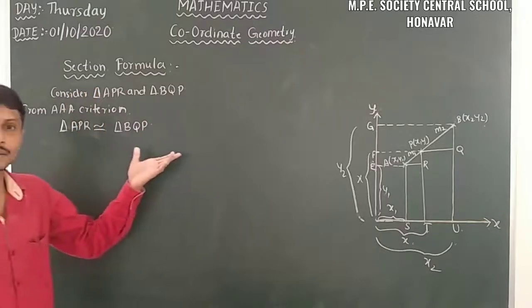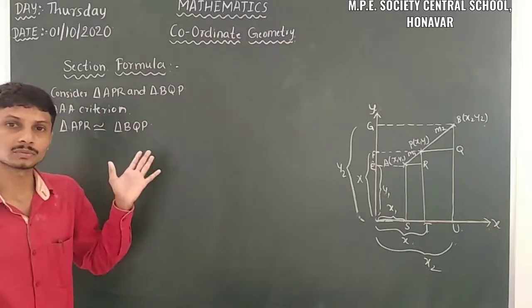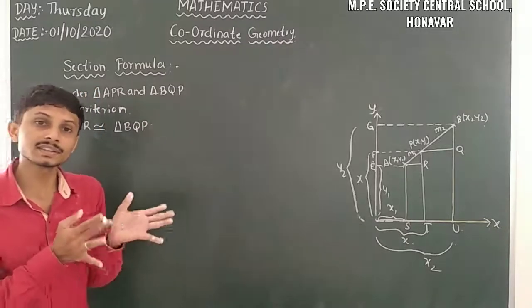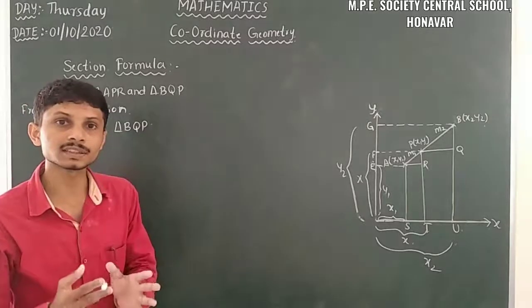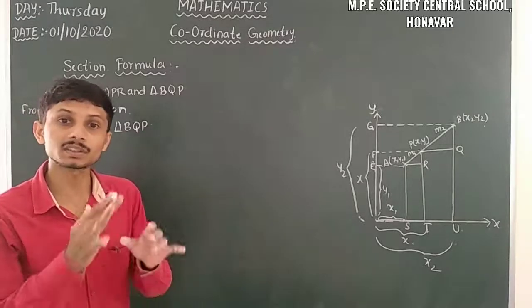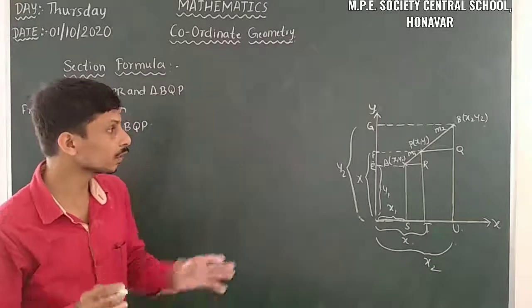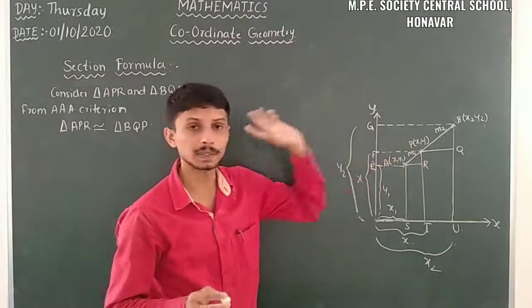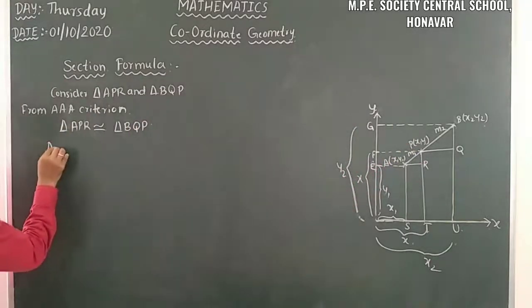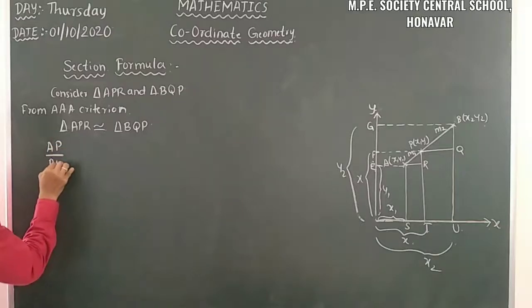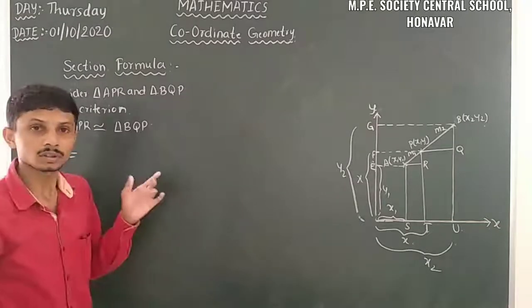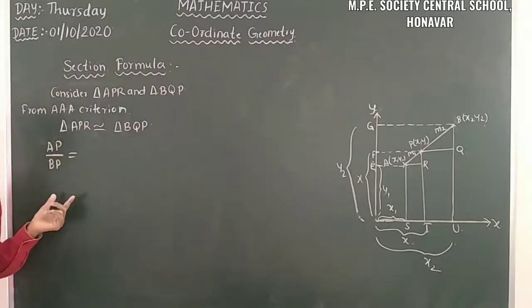These two triangles are similar, but the sides are proportional, not the same. That's why we can take AP by BP is equal to, as these two sides are corresponding sides.